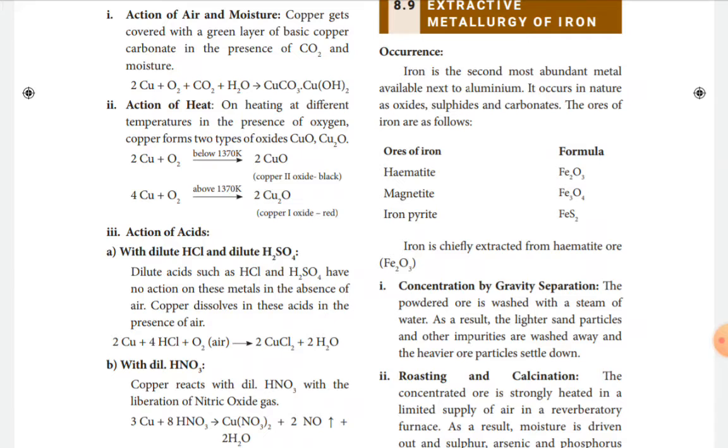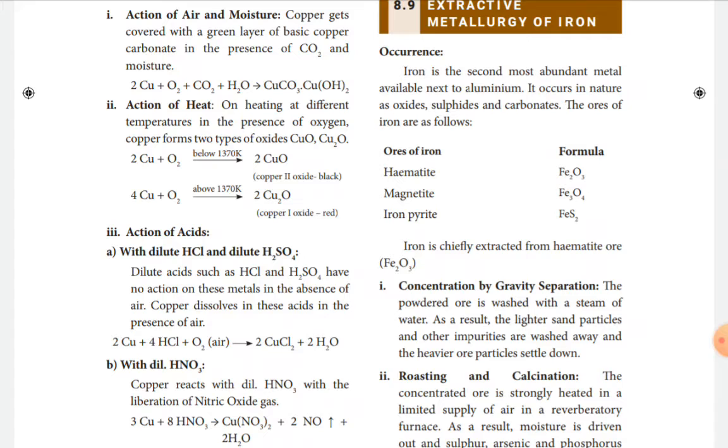Copper 2 oxide which is black in color. Sometimes this will be asked which is the color of copper 2 oxide or copper 1 oxide. Copper 2 oxide, that is CuO, is black in color. At the same time, the copper reacts with oxygen above 1370 Kelvin gives copper 1 oxide Cu2O, that is red in color.